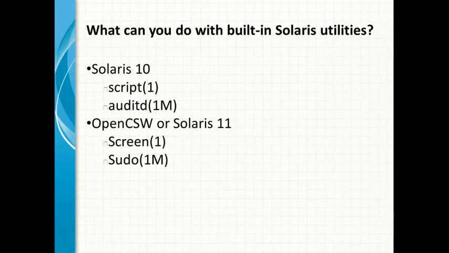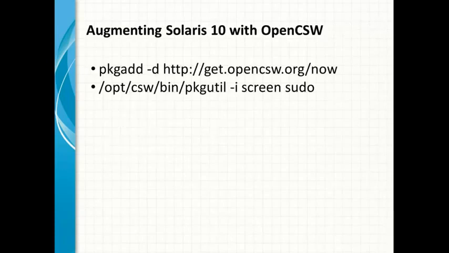When you're using Solaris 10, the easiest way to add additional tools which can help you is to use one of the free community repositories that provide add-on software for Solaris. One of the easiest to use is OpenCSW, which is community software, CSW.